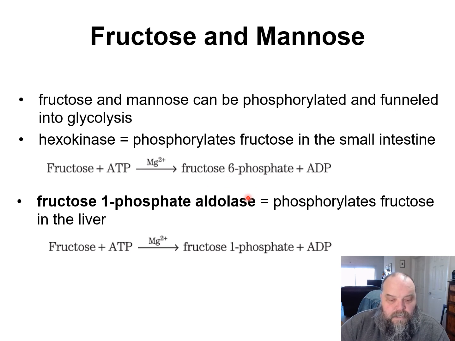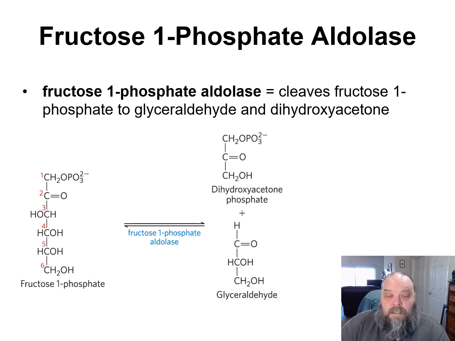So the aldolase is going to at least kick it off. This is going to be something you find in the liver. So you're going to take fructose, you're going to phosphorylate it, but it's in the wrong position. Later enzymes are going to take this and turn it into fructose 6-phosphate, which can be utilized in glycolysis.